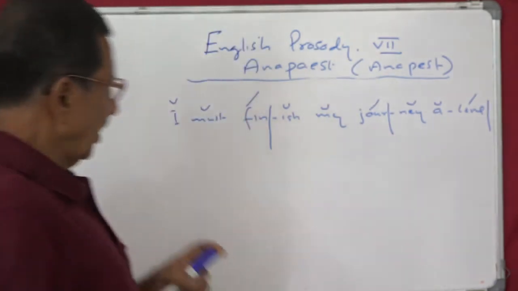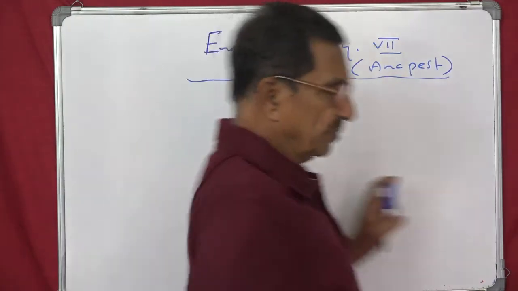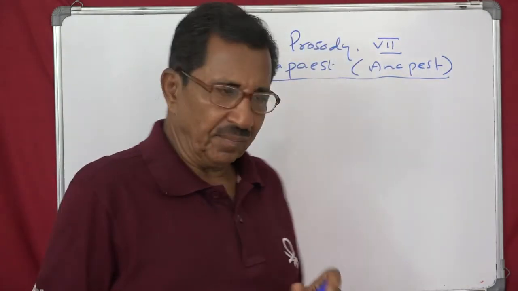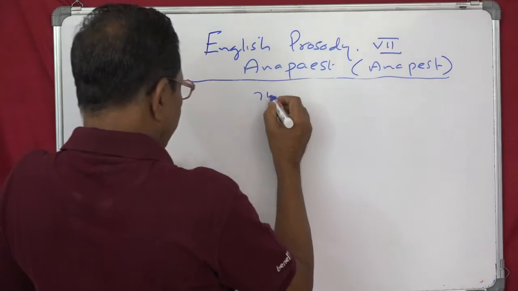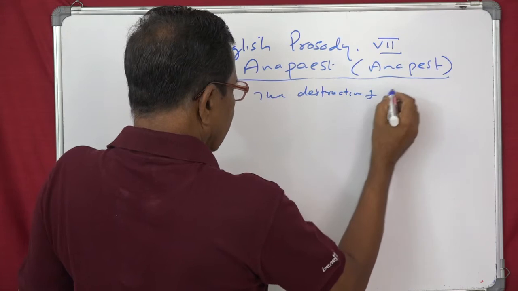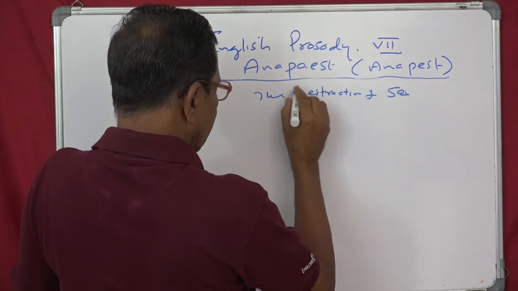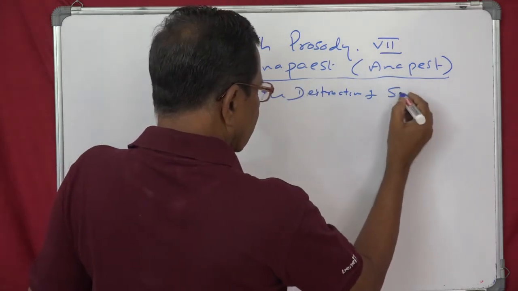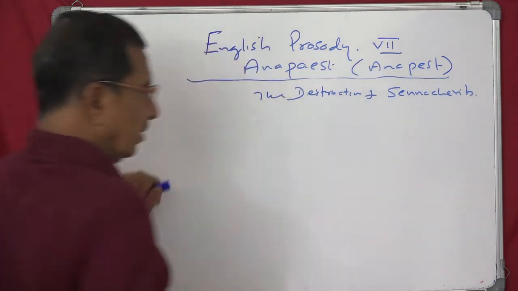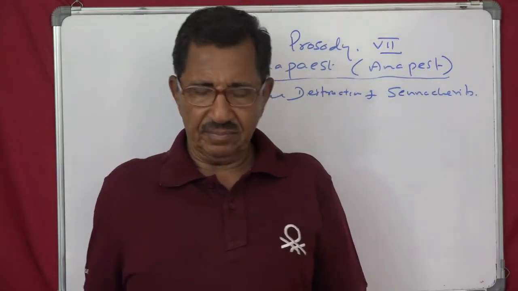Listen. Lord Byron, famous poet, in his poem, The Destruction of Sennacherib. Sennacherib, the king. Name of the king.